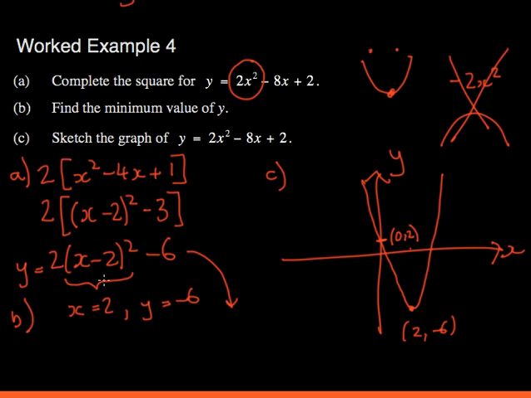So if I know that y equals all of that expression, what I'm trying to find is what values of x I need to put in here to make y 0. So if I can make x the subject, then that would help. So firstly, I would move the minus 6 to this side, so I get y plus 6. And then I would divide everything by 2.